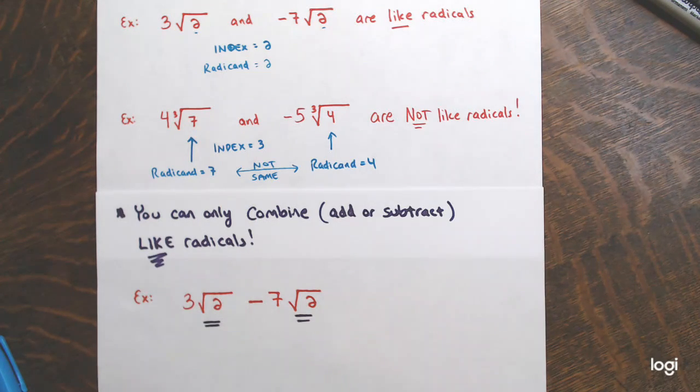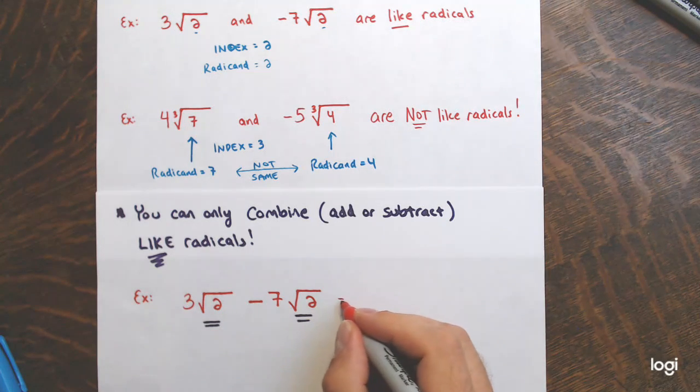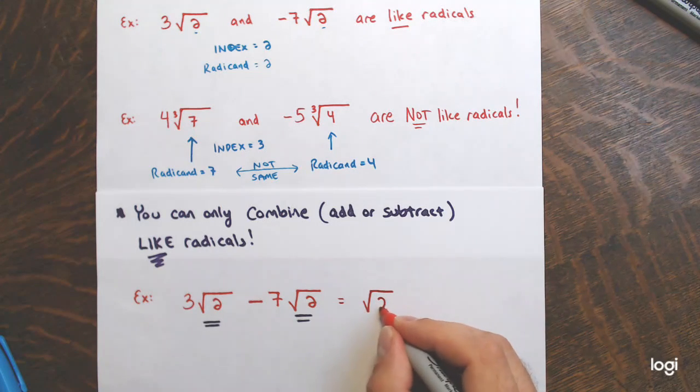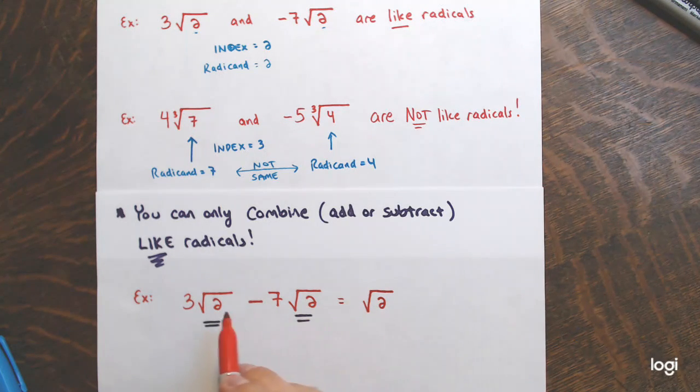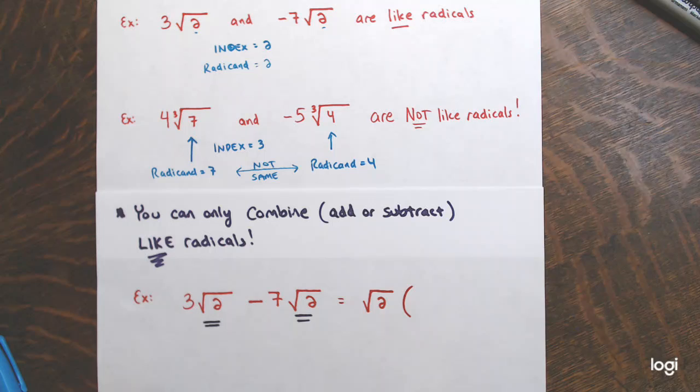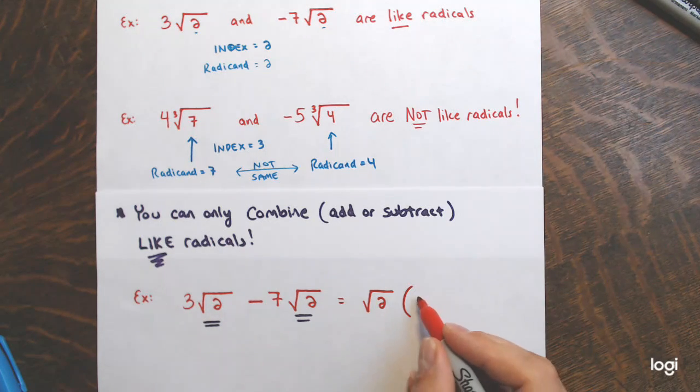So you can factor out that square root of 2, the radical they have in common, that like radical. And if you pull out a factor of the square root of 2, look at what's left: 3 minus 7.